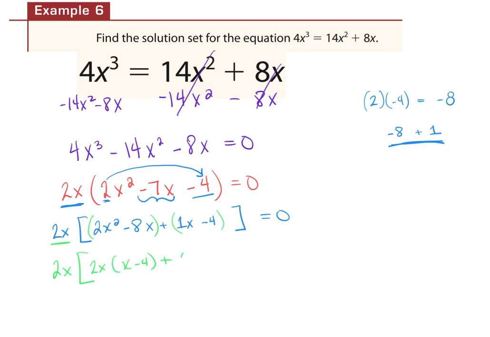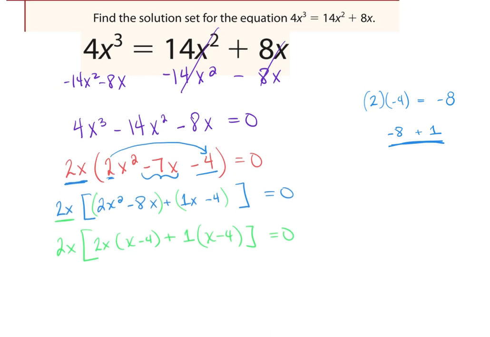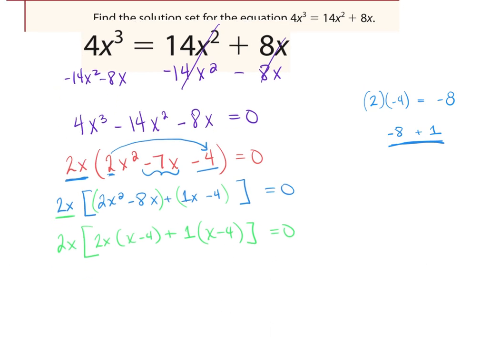A 1. And I have x minus 4, which is how it should always be when you're doing this. And my final step of factoring, I still have that 2x. My common guy is x minus 4, and my leftover is 2x plus 1.